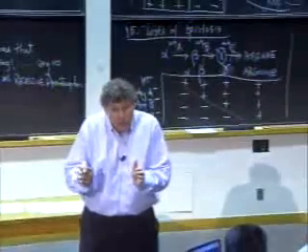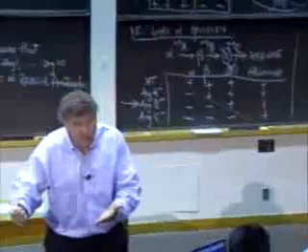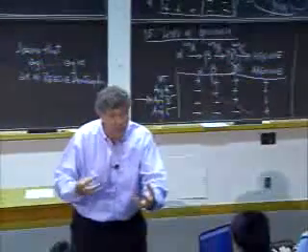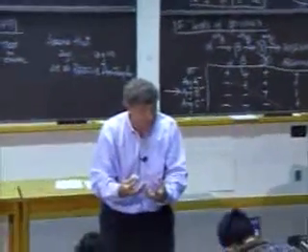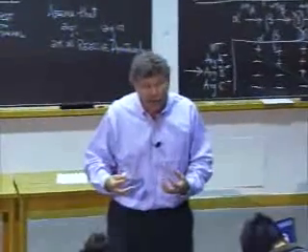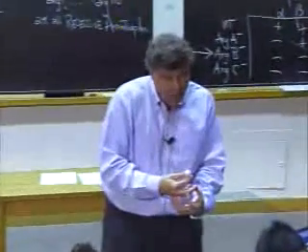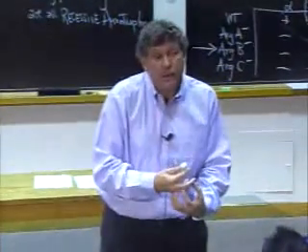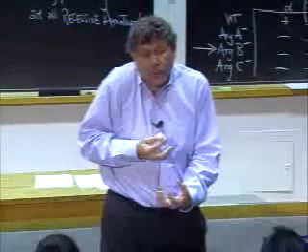And I can say, if I have a double mutant missing both B and C, does it look like B or does it look like C when I put them together? And it turns out that if it looks like B, then B was further upstream in the pathway.